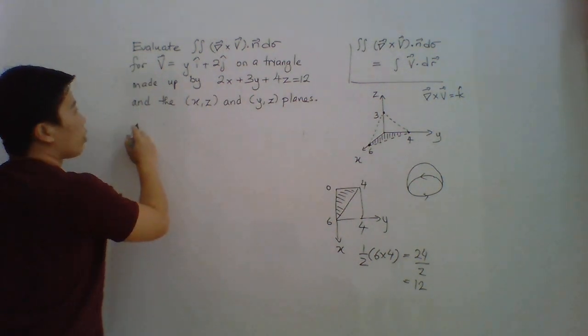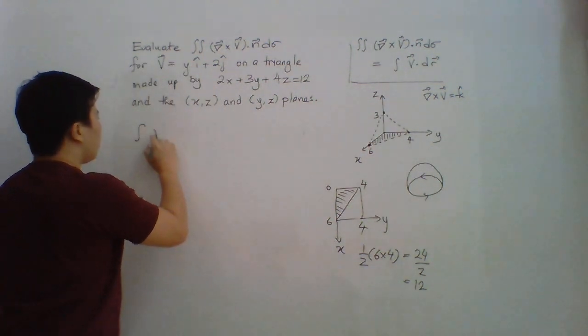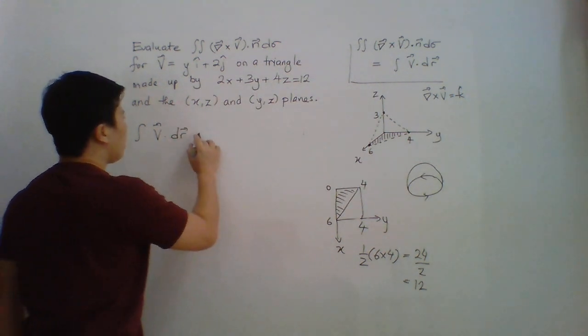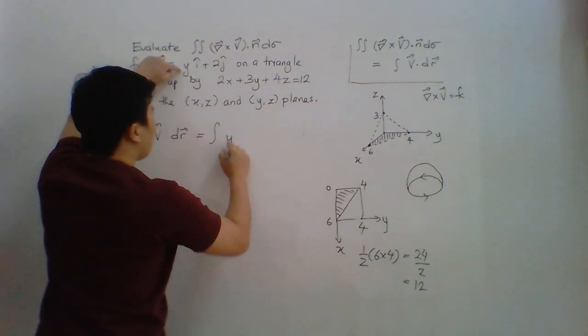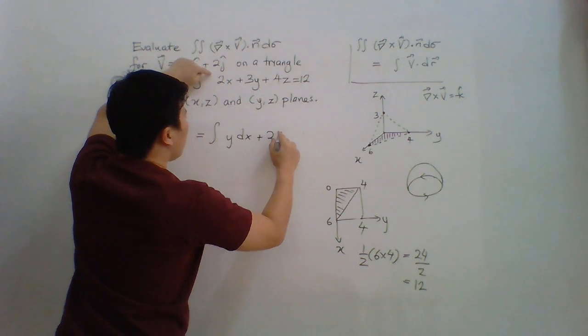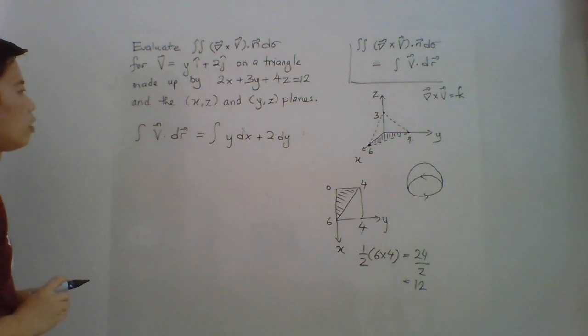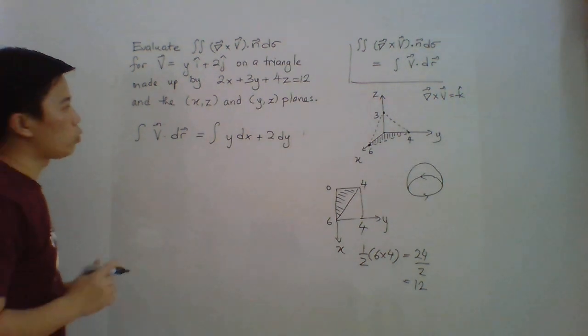So here we go to the right hand side, and this is going to be v dot dr. So v dot dr is going to be y dx plus 2 dy. So there are actually 2 ways to do this.